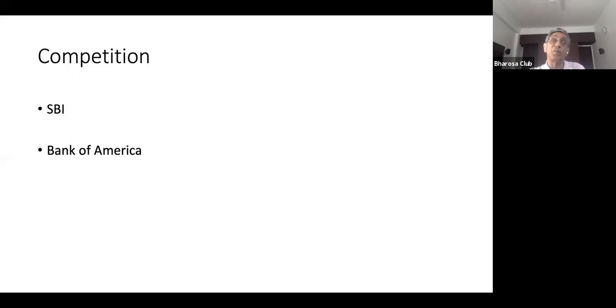So one of the banks which tried to come up with a solution was Bank of America. And again, they were not very successful at all, because what they tried to do was poach people from Citibank and help them design processes.